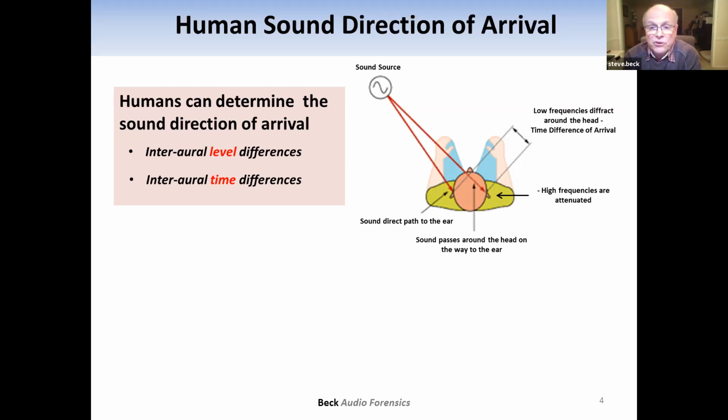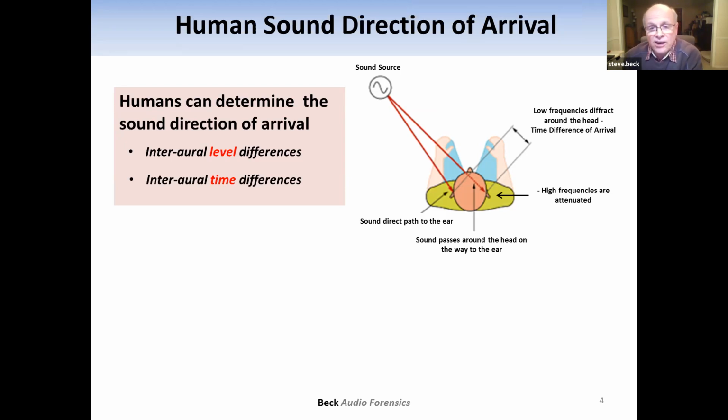There won't be much of a level difference, and our brain automatically does time differences. So that way we're actually able to cover both low frequencies and high frequencies, and our brain just automatically figures all that out. And as you know from playing Marco Polo, we can get a general sense, but we don't do actually very well with it.